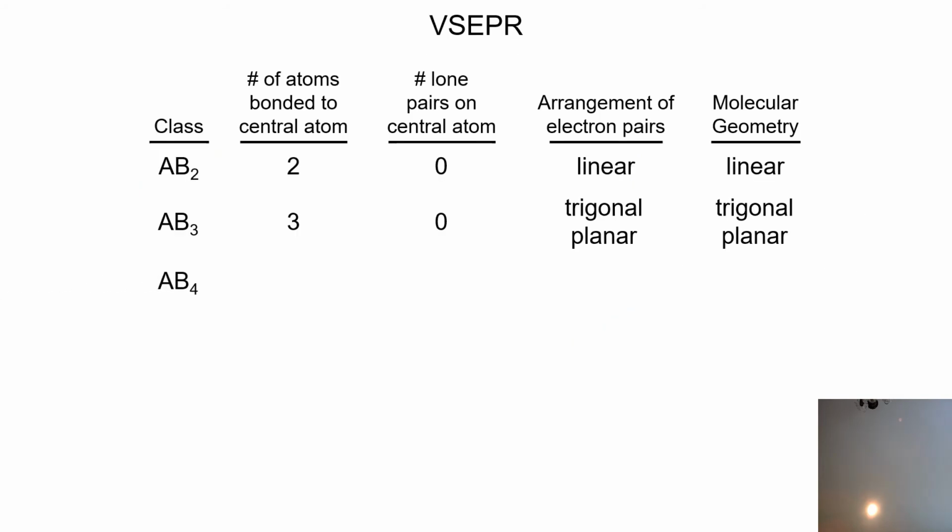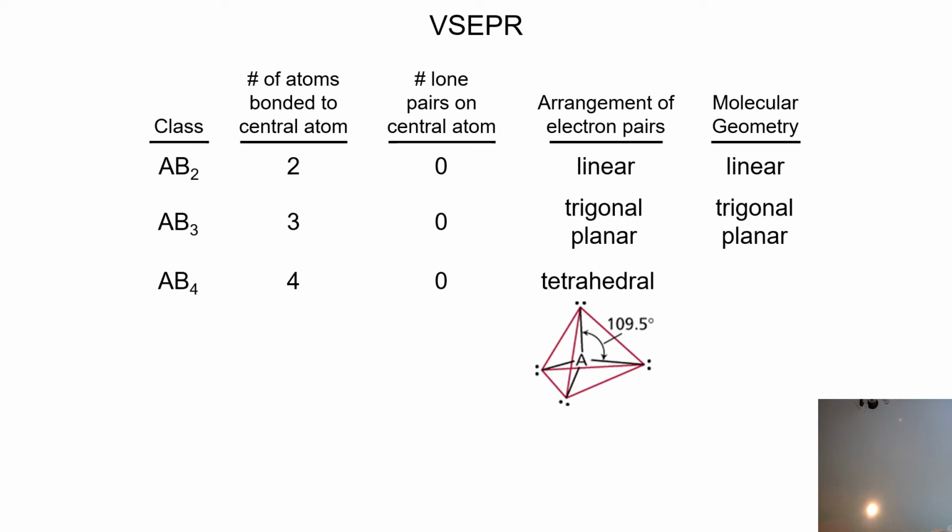Next up, AB4. So once again, we have 4 terminal atoms, or 4 atoms bonded to that central atom. We still don't have any lone pairs. So this structure is referred to as tetrahedral.